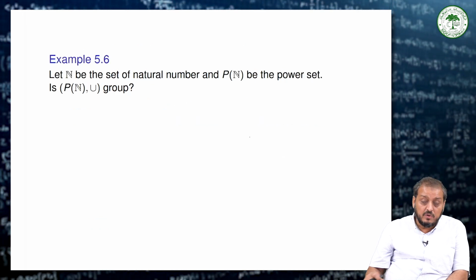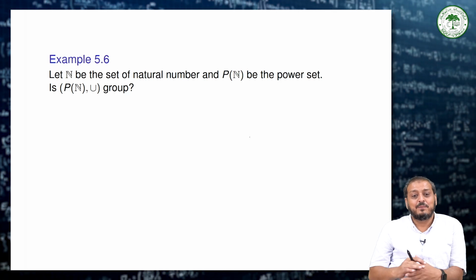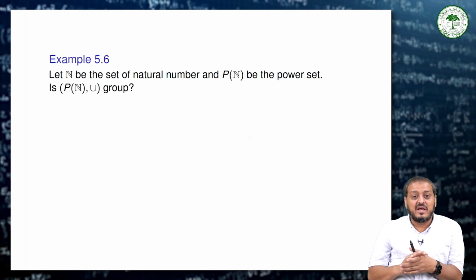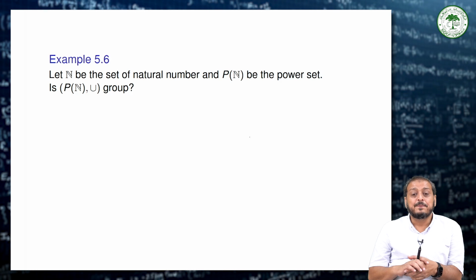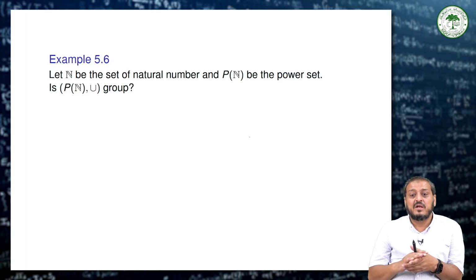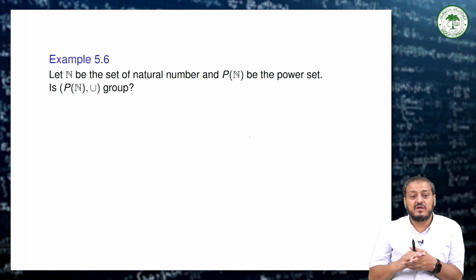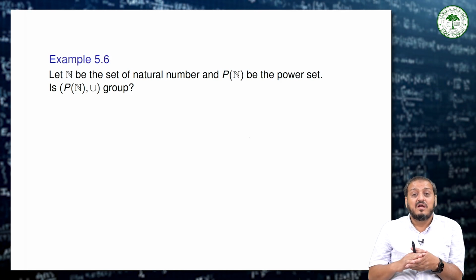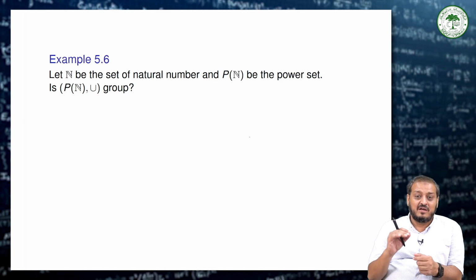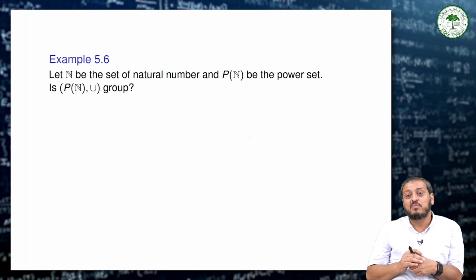Now a very interesting example. Again, we take the set of natural numbers, and let P of N be the power set. My question is: is this power set under the operation of union a group or not?